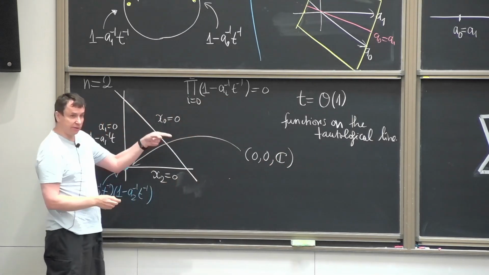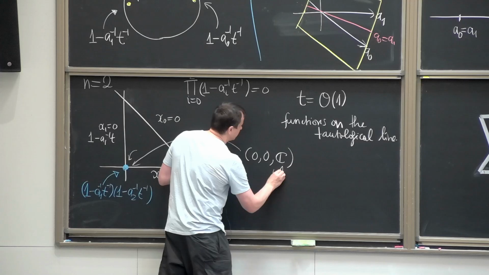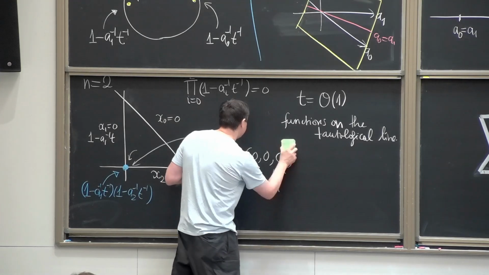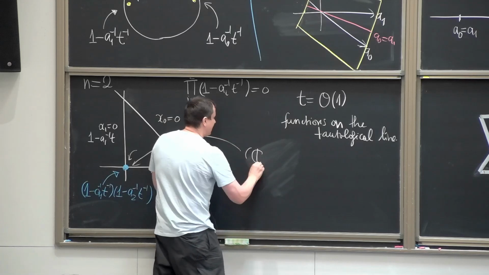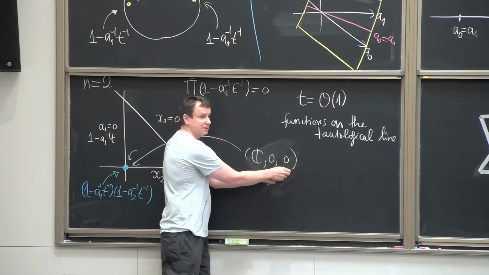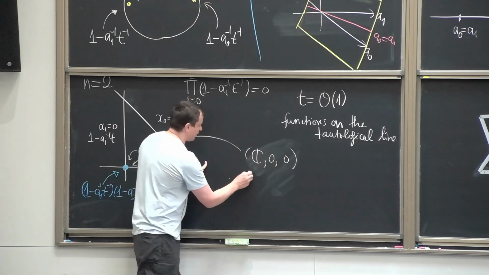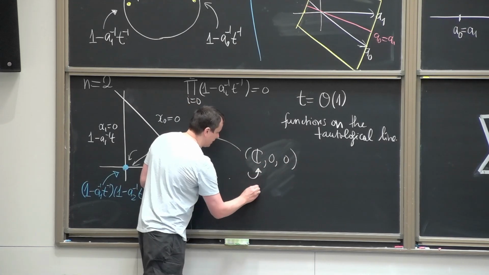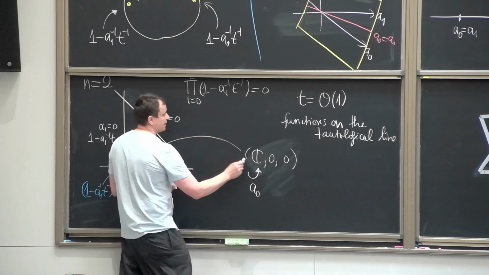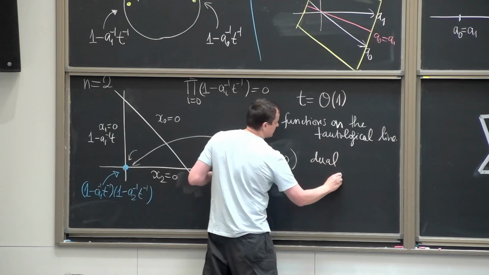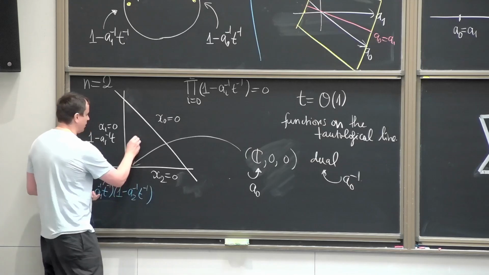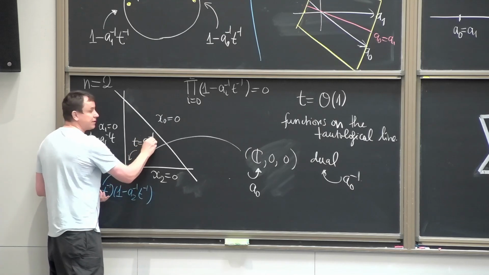And so my torus on this line acts by multiplication by A. Okay, so x1 equals 0, x2 equals 0, and then x0 is anything. And so on this line, my torus acts with weight A0. Right? So on the dual space, therefore, it acts with the weight A0 inverse. So this point is the point where T equals A0 inverse.